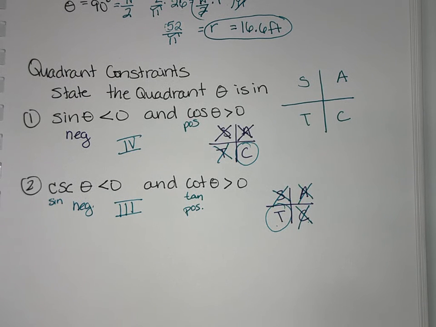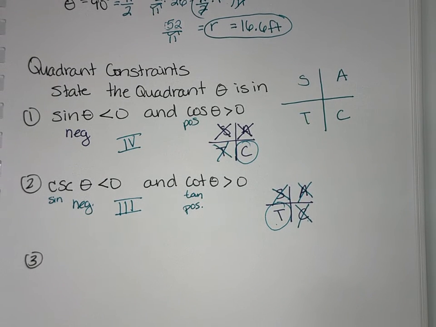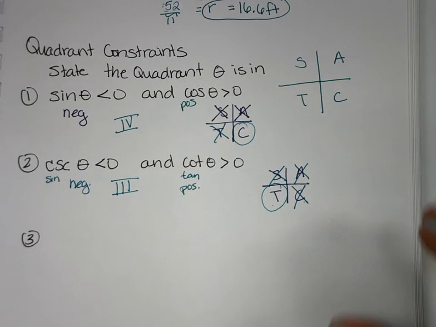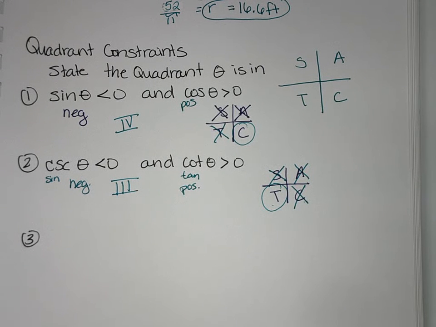Okay, so what does this actually mean for something we're going to do? We're going to get problems that look like number 3 here, where we'll have to do a quadrant constraint before we can figure out the quadrant, so we know what's positive and what's negative.